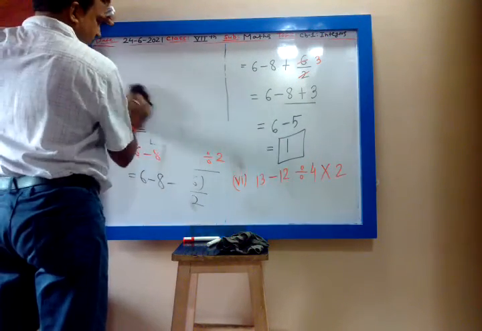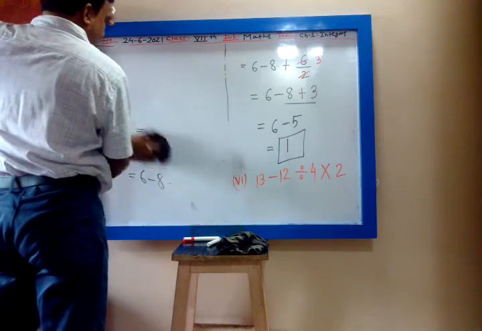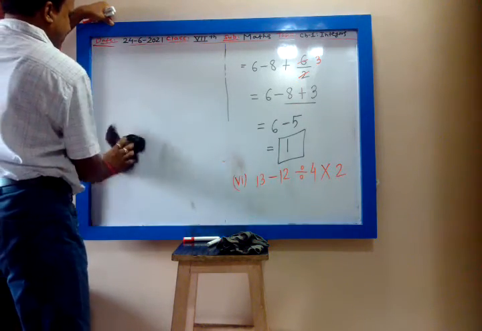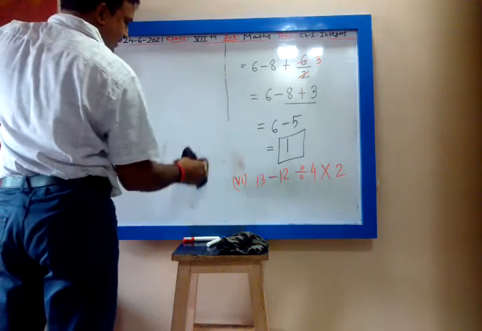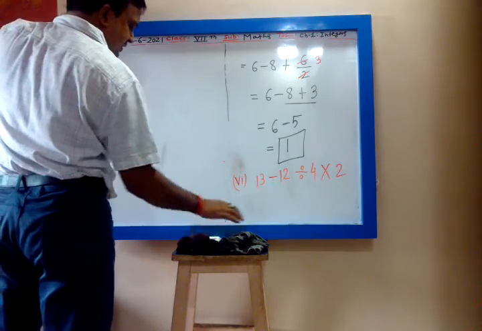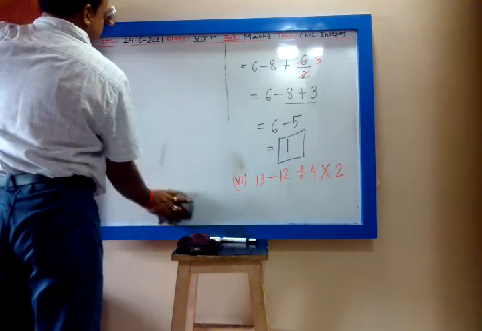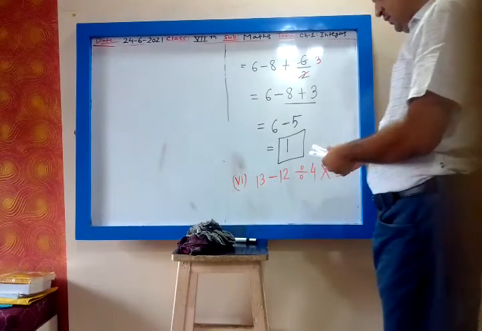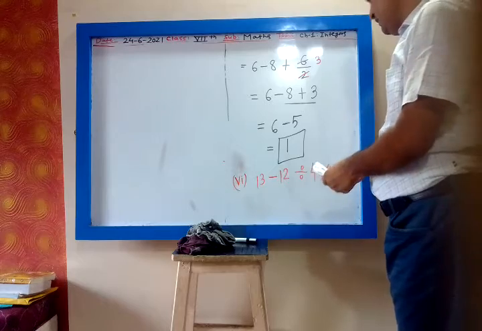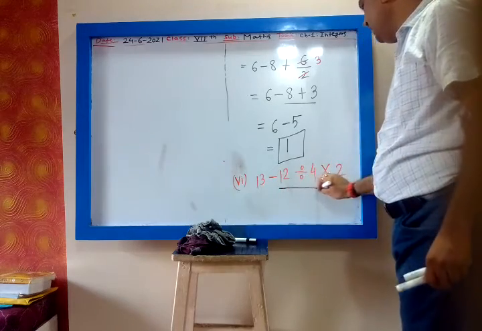So you have to solve the given expression as per BODMAS: opening of the bracket, then division, then multiplication, then addition, then subtraction. So which is to be performed first in this? First we have division. So first I will simplify this and others we keep as it is.